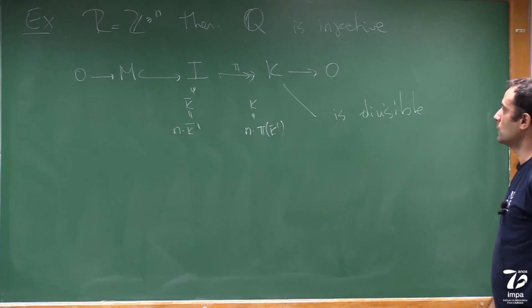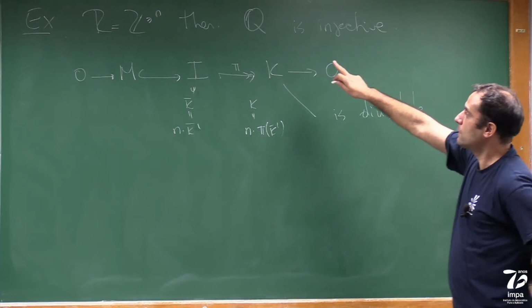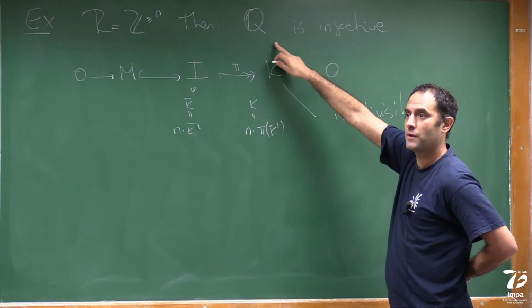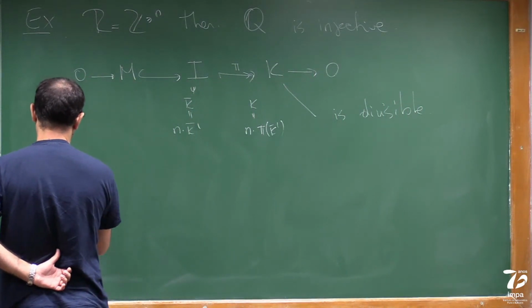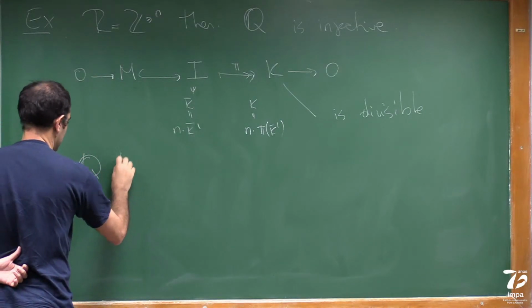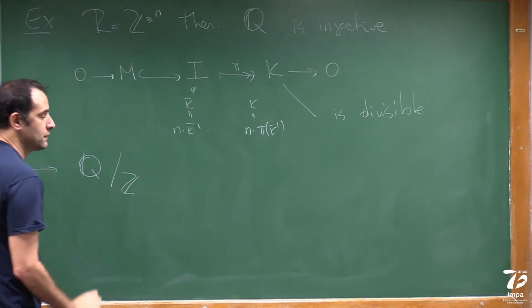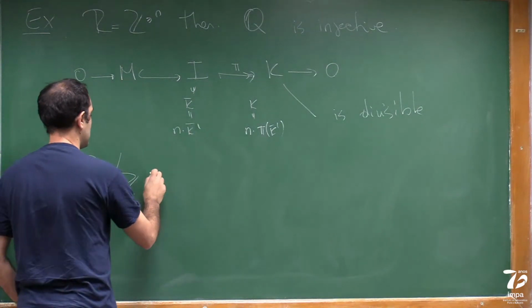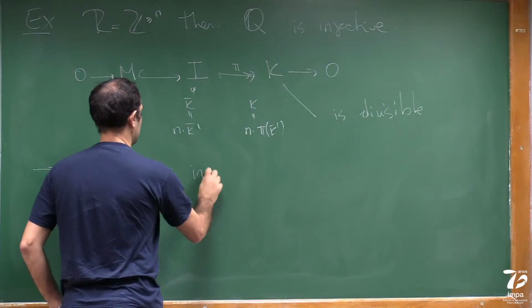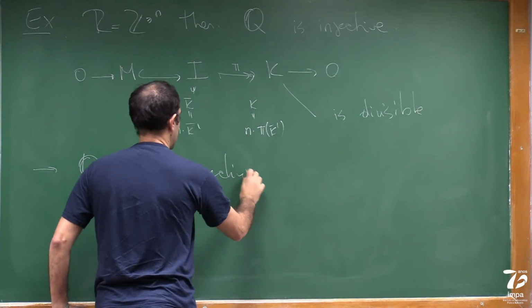Okay, so having said so, if Q is injective, therefore Q mod Z is injective. Just take the embedding of Z inside of Q. So this is injective as a Z module.